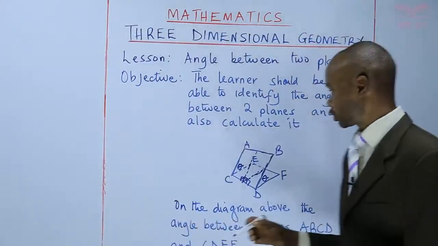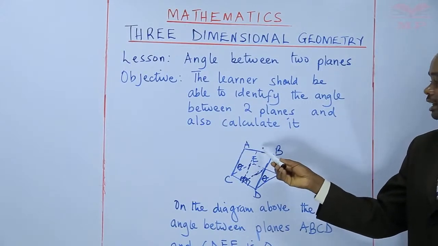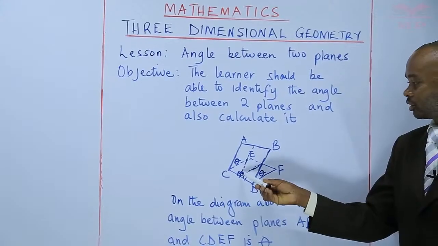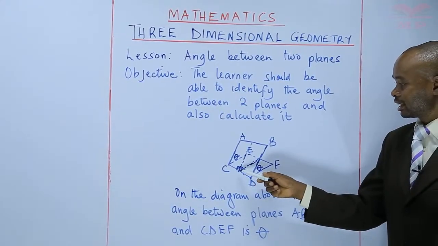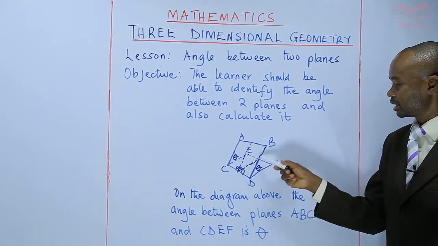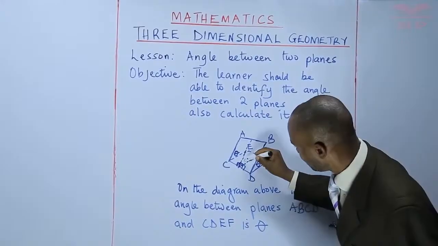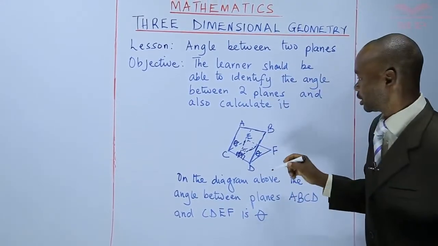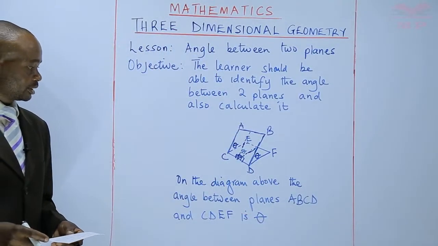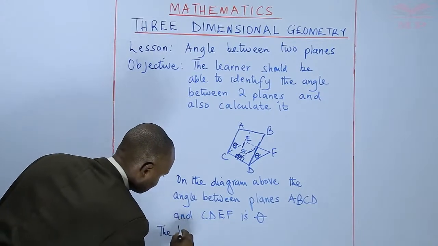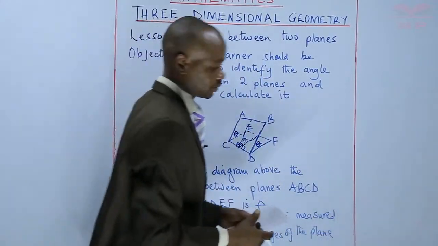The angle is actually got by taking a line perpendicular to the edge in one plane, and in the other plane, you also take a line perpendicular to the edge. That is where you fix the angle. So this angle will also be equal to theta. That is very important. You should notice that.